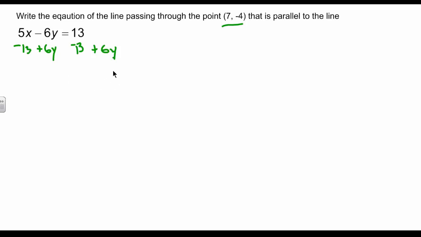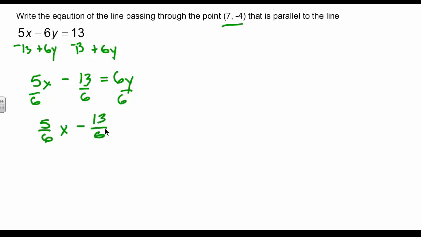So what that gives us is 6y is equal to 5x minus 13. Divide both sides by 6. Giving us 5/6 x minus 13 over 6 is equal to y.